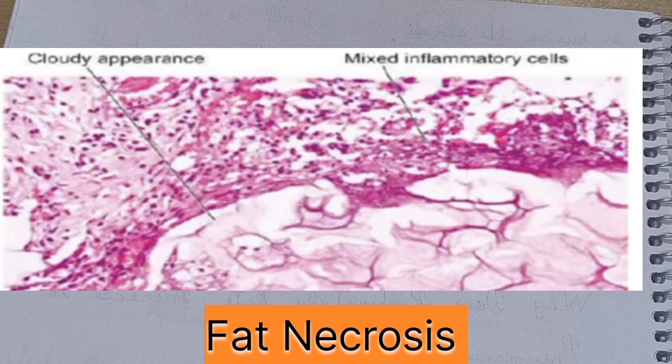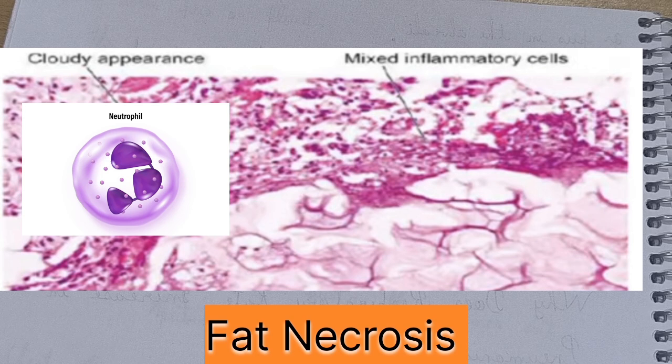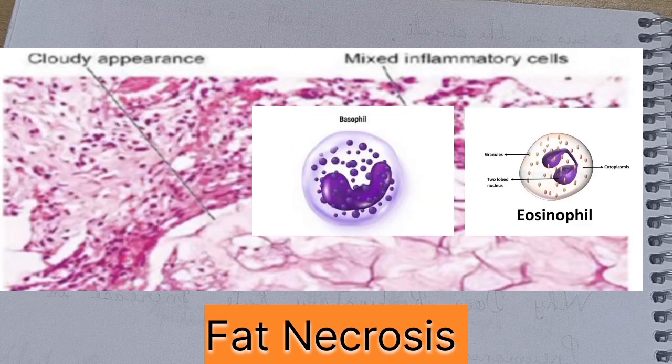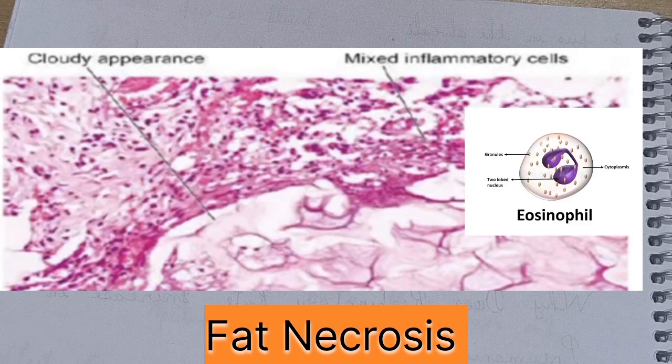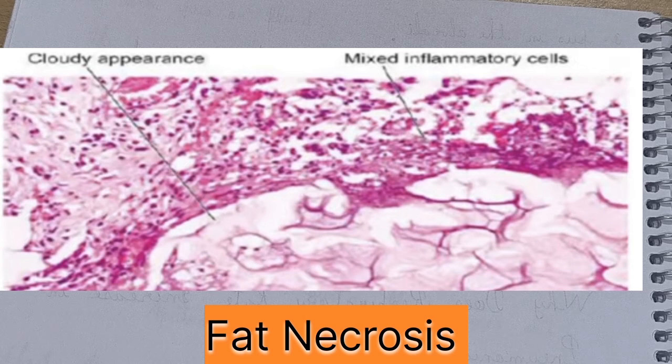And the third thing that you should note in this diagram is that the cloudy appearance, that means the necrotic cells, is surrounded by mixed inflammatory cells like neutrophils, basophils and eosinophils, and all these cells surround the necrotic cells, that is, the cloudy appearance cells. All these points you should remember.